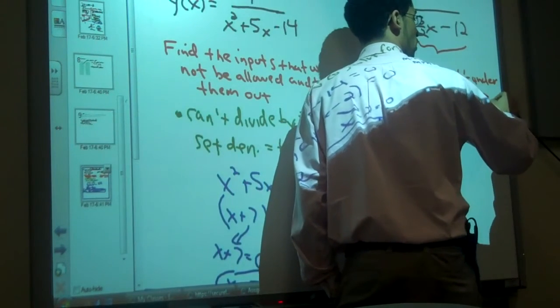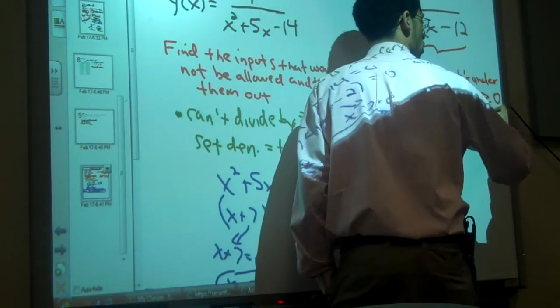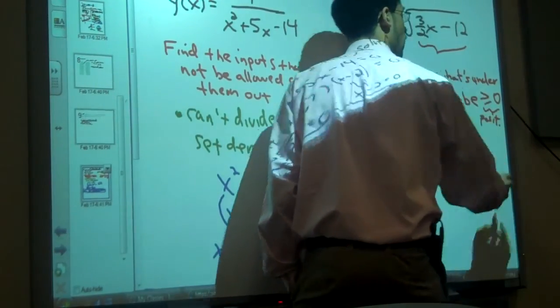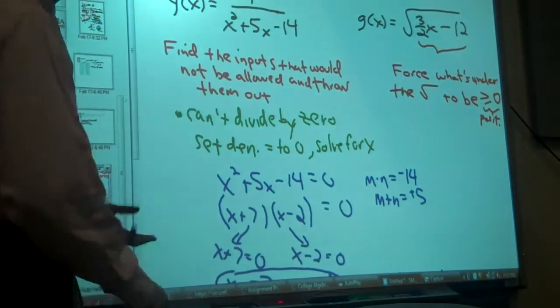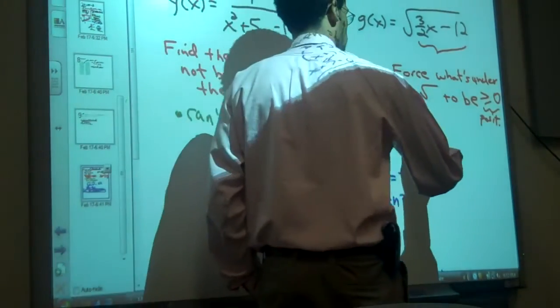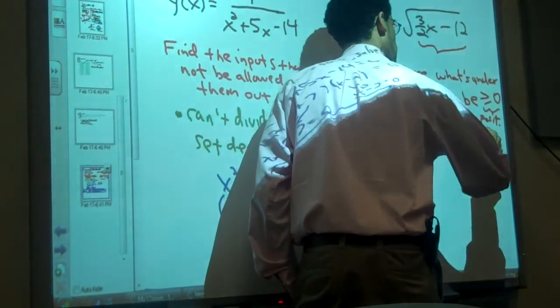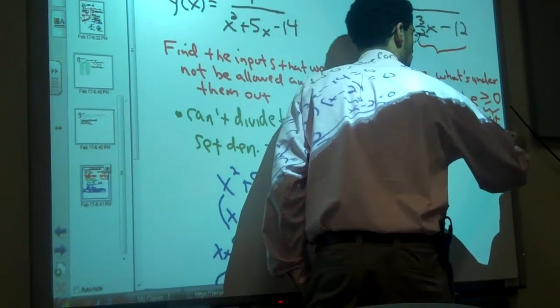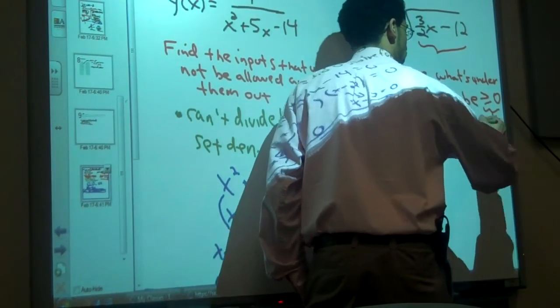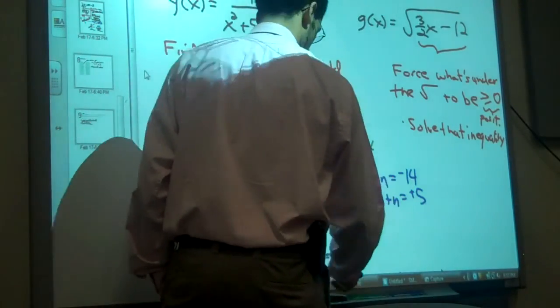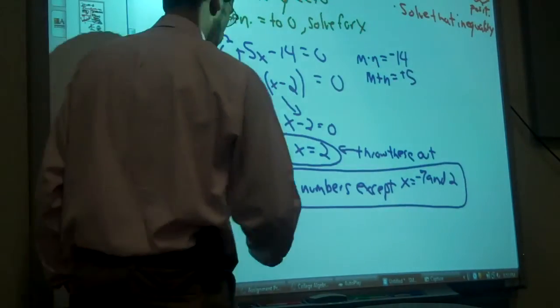Greater than or possibly equal to 0. It has to be positive. Okay? And then you solve that inequality. We didn't talk about solving inequalities in this class, but it's a skill they're supposed to bring in from those review chapters.